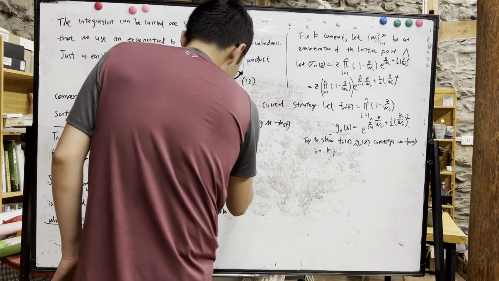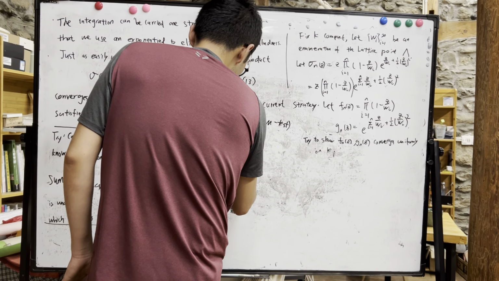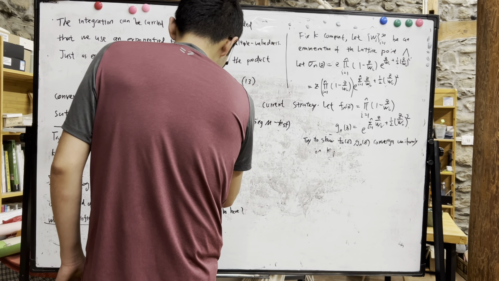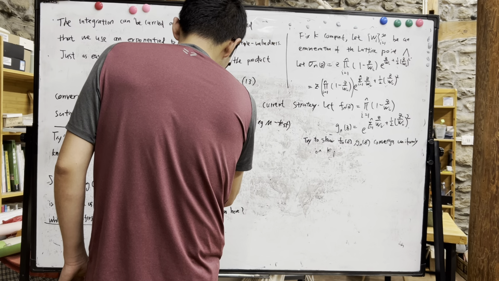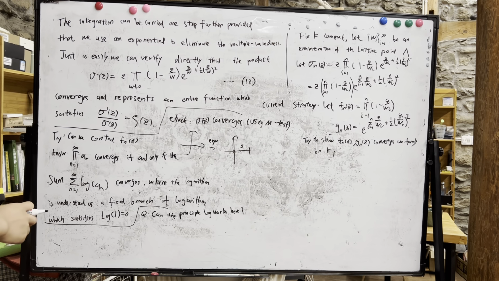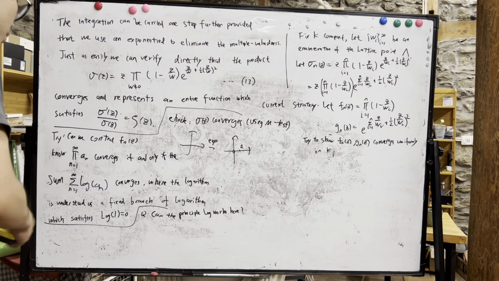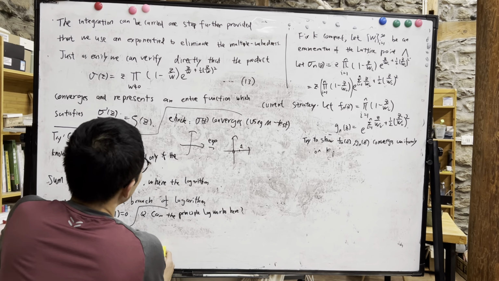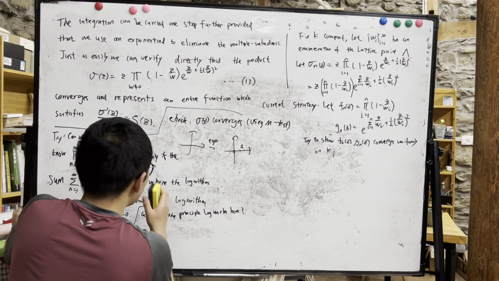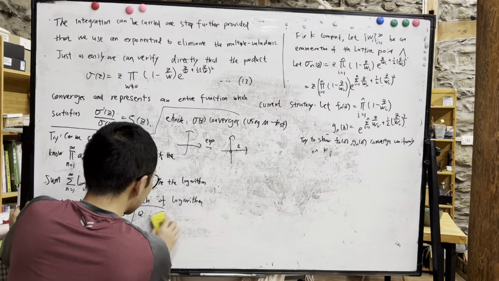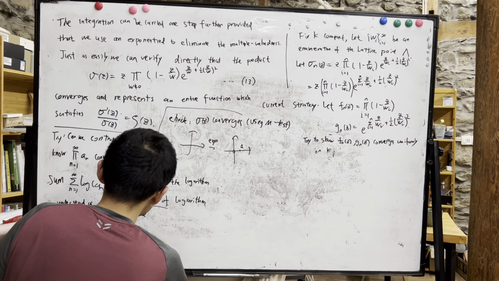So here we know that this is like the exponential map, right? And then, okay, so question: what do we need?